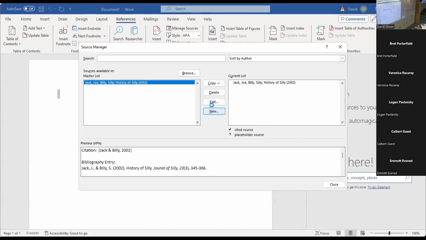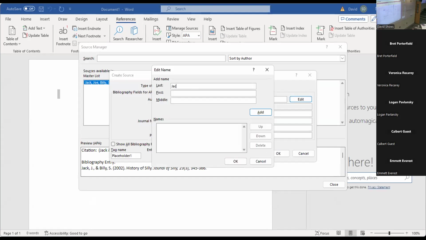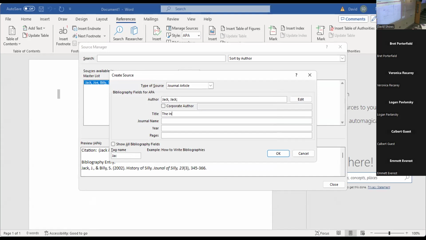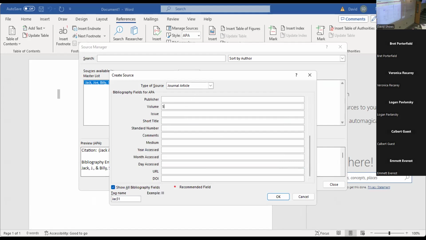Just for the heck of it, I'll add one more, just to show you what it looks like. Okay, so volume.